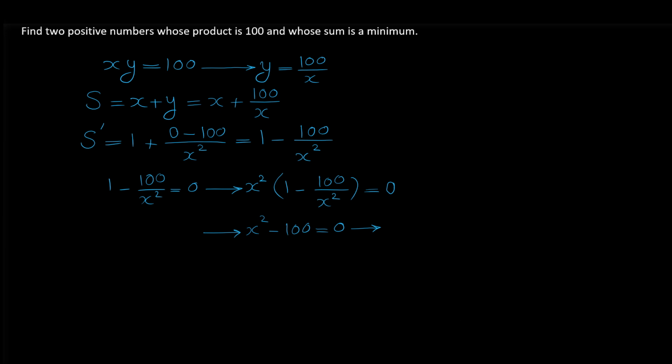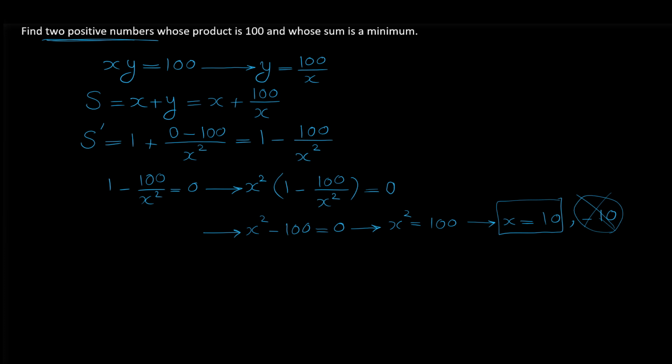From this equation, x^2 is 100 and x would be positive 10 and negative 10. Because in the question we are looking for two positive numbers, we reject negative 10 and we only accept 10 as our answer.